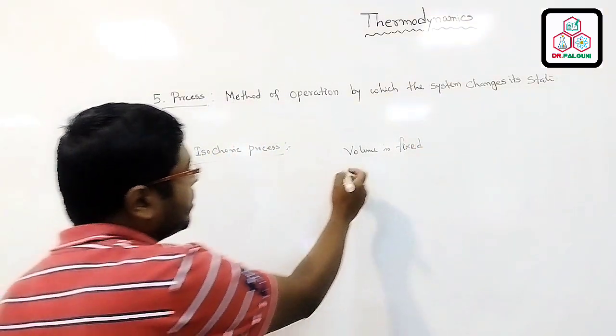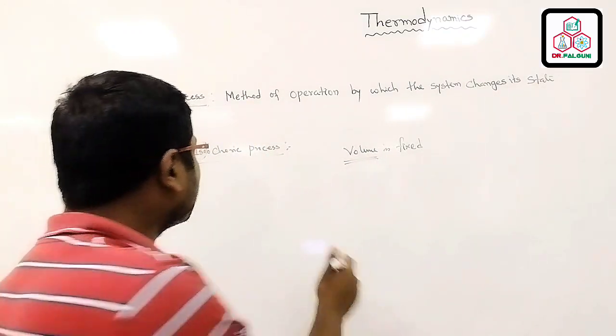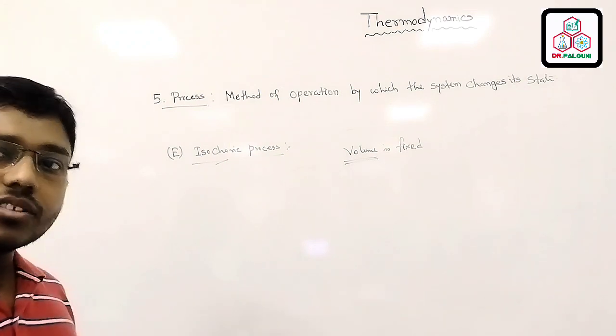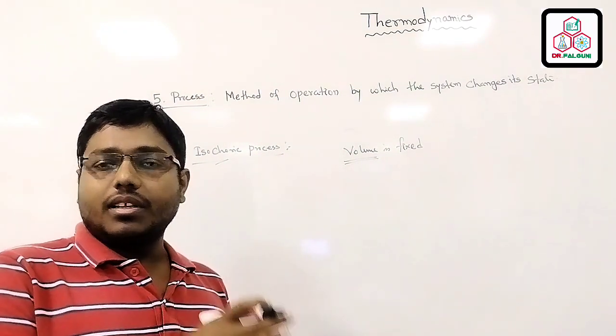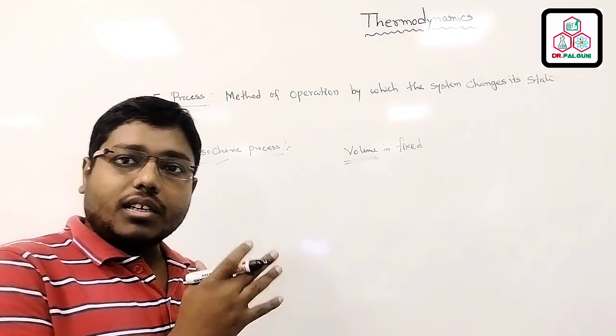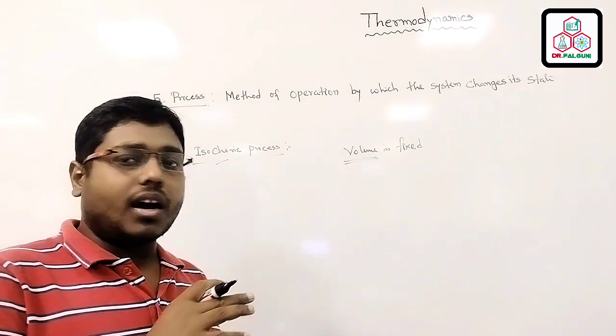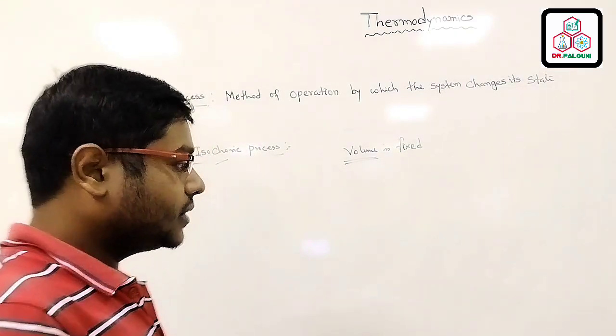In such a process, volume cannot be changed in the whole process. That is called isochoric process. Isobaric process means pressure is fixed. Isochoric process means the volume is fixed. Isothermal process means temperature is fixed. Adiabatic process means heat cannot be exchanged. Right?